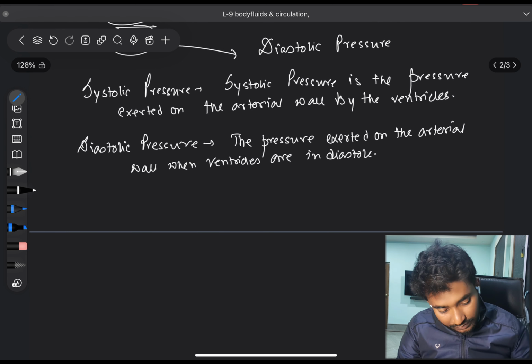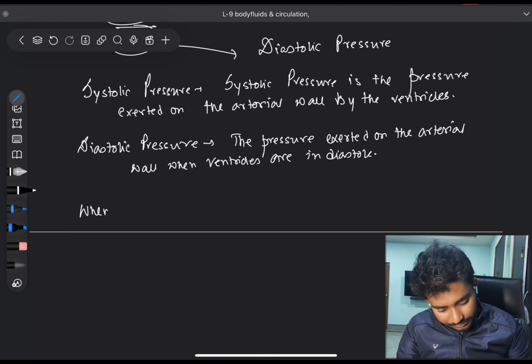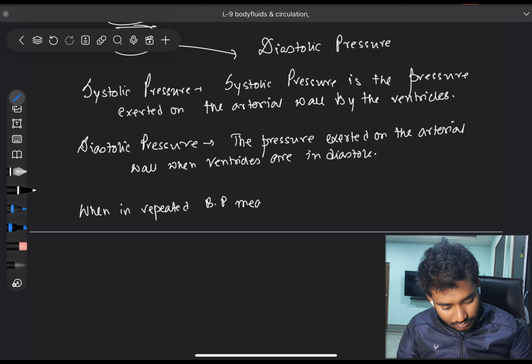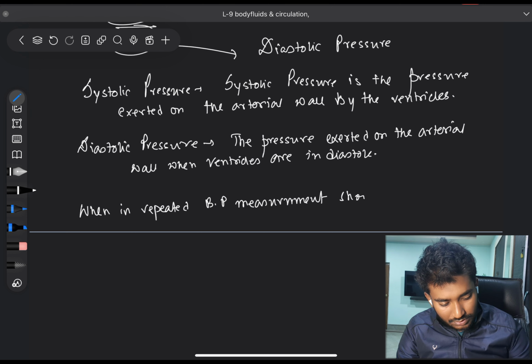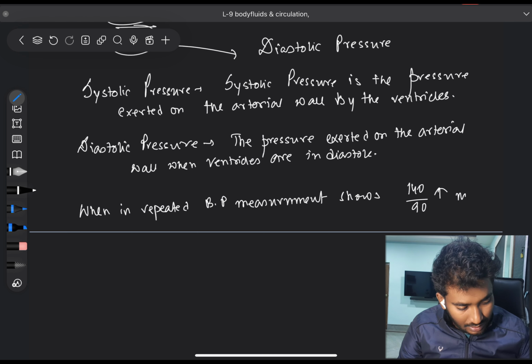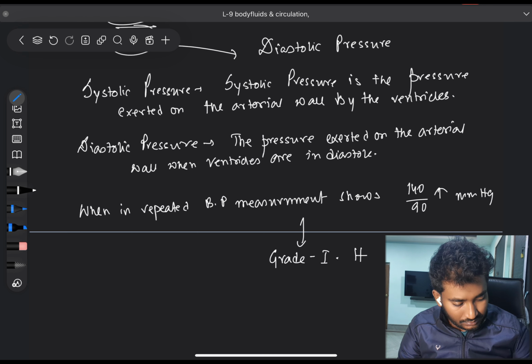Now what is hypertension? When repeated blood pressure measurements show 140 by 90 mm of mercury or above, we call this patient grade 1 hypertensive.